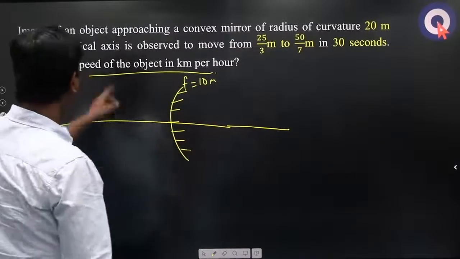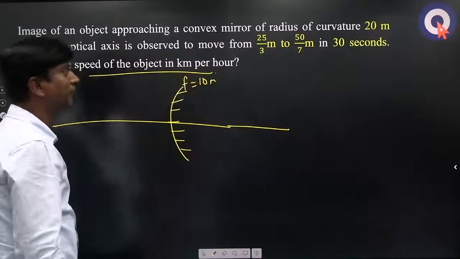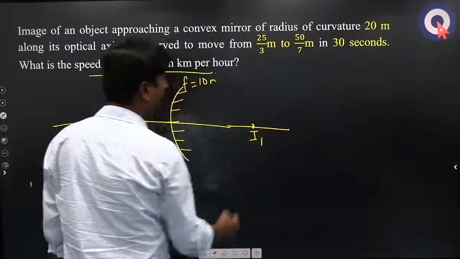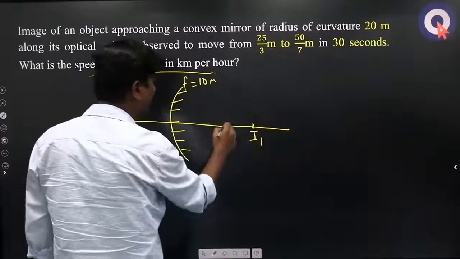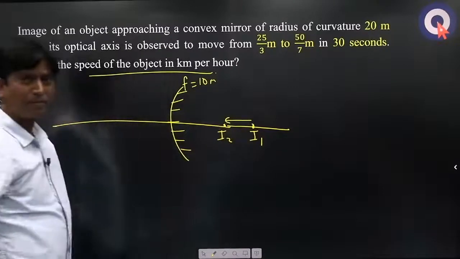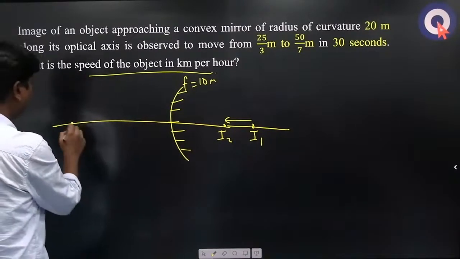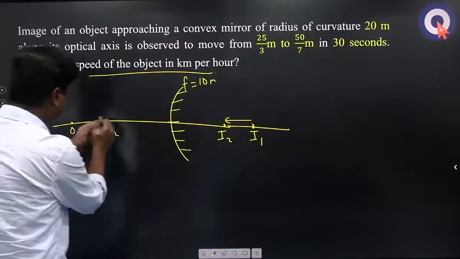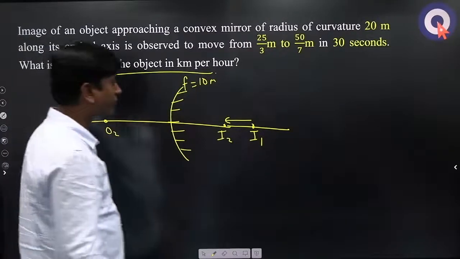The virtual image moves from 25/3 meters to 50/7 meters, roughly 8 point something and 7 point something. So the image is moving from here to here, and the object may be initially here, finally here, assuming the object is moving with a constant velocity towards the mirror.